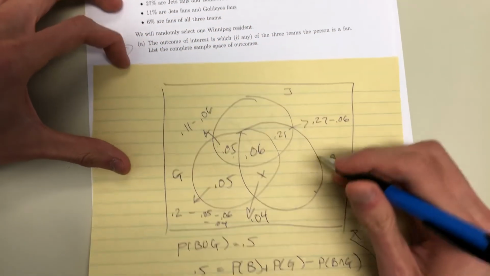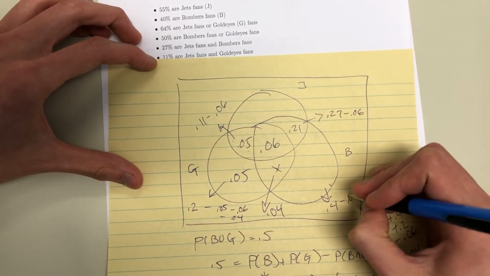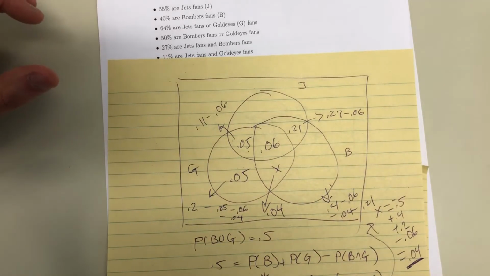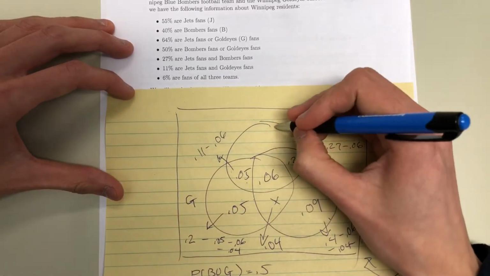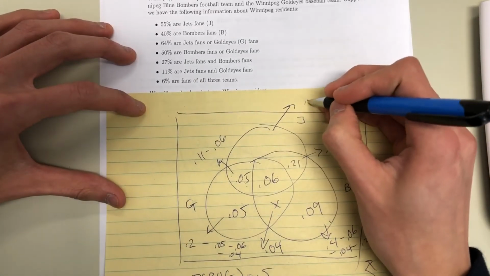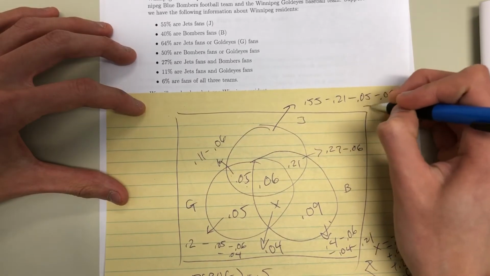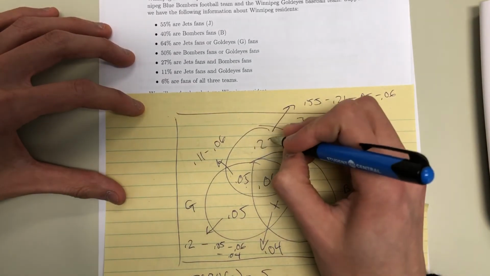Likewise, the probability that they're a Bombers fan is 40%, so this will be 40 minus 0.06 minus 0.04 minus 0.21, which is 9%. And last but not least, the probability that they're just a Jets fan and nothing else will be 55% minus 21%, minus 5%, minus 6%, and that'll be 23%.